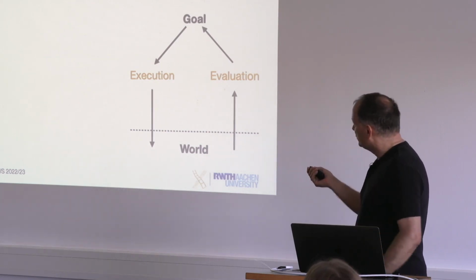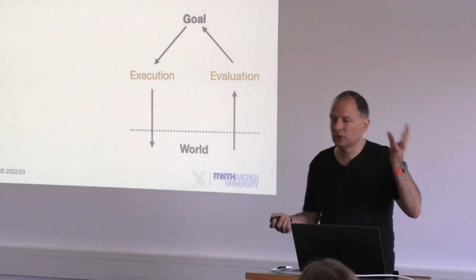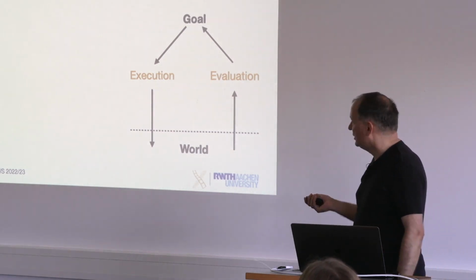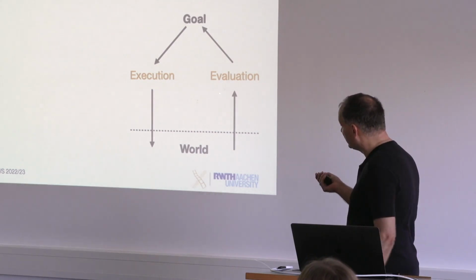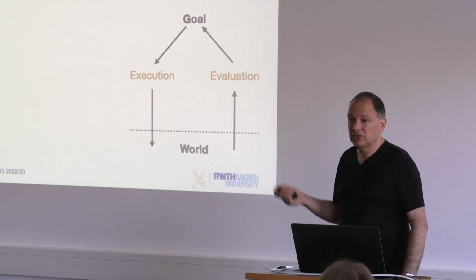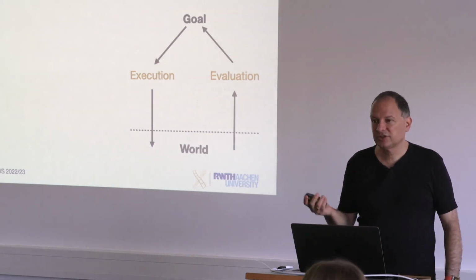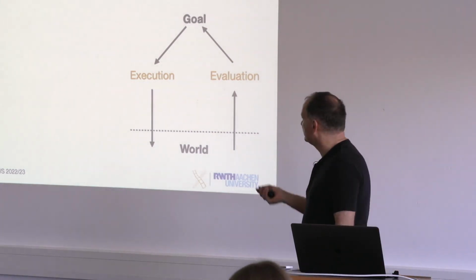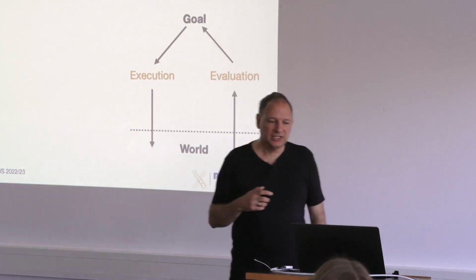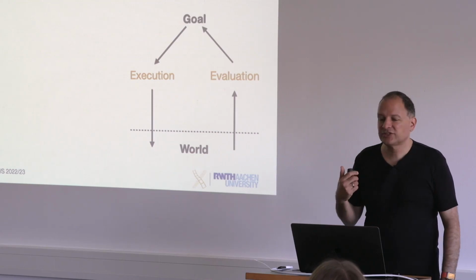So then you do something, you execute something, you change something in your environment, in the world around you, right? You have some kind of physical interaction with your environment. And then you evaluate whether what you did actually led to the result you were looking for. And then hopefully you're done, right? So this is the basic model, and we're going to look at this in more detail. But why are we doing this? We're doing this because at each of the steps in this model, things can go wrong.